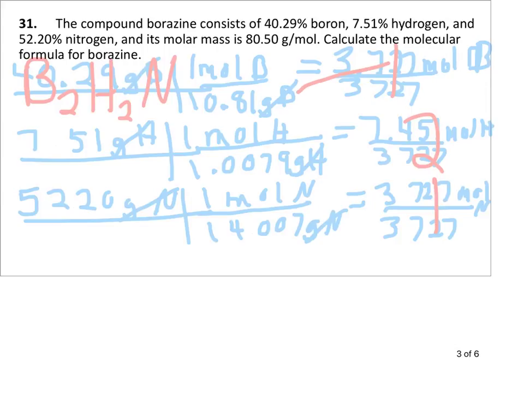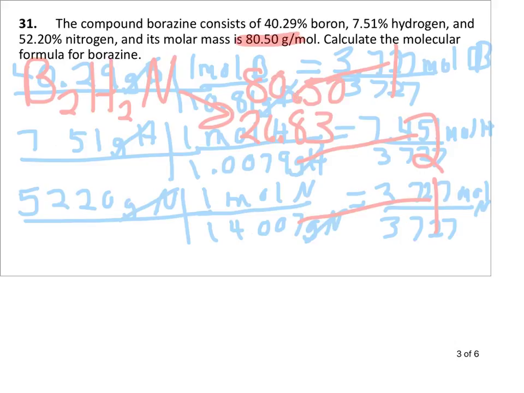We just multiply, multiply, multiply, and then add those up, and we get a molar mass of 26.83. That would be again in grams per mole. And we go back and they gave us a molar mass of 80.50, so we'll put that on top. 80.50. We divide those two things.